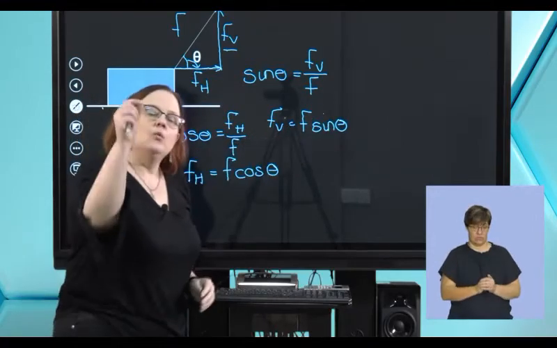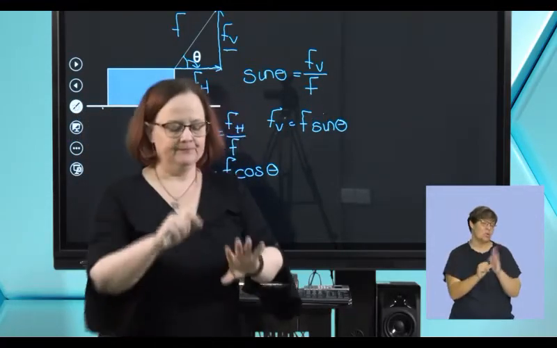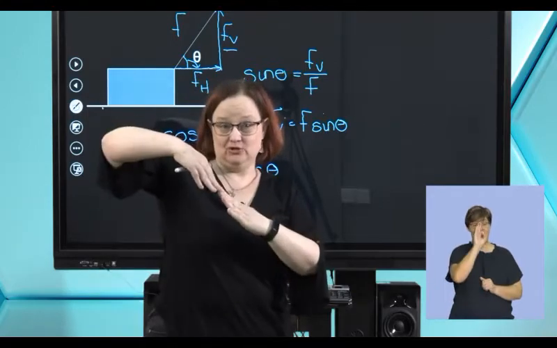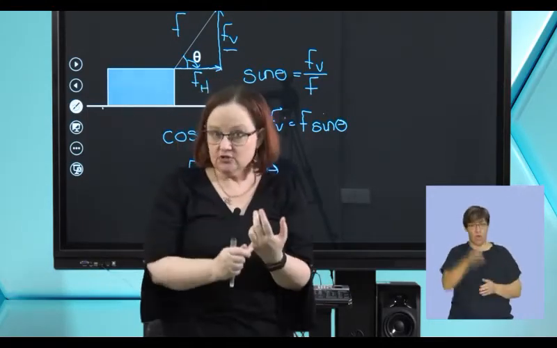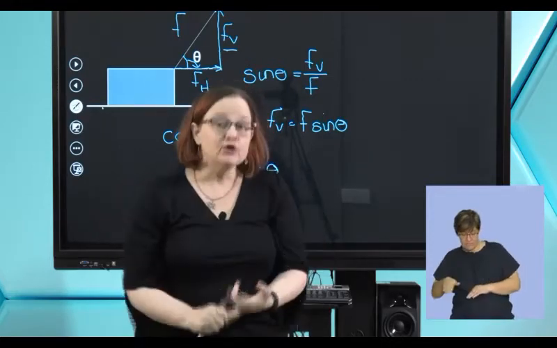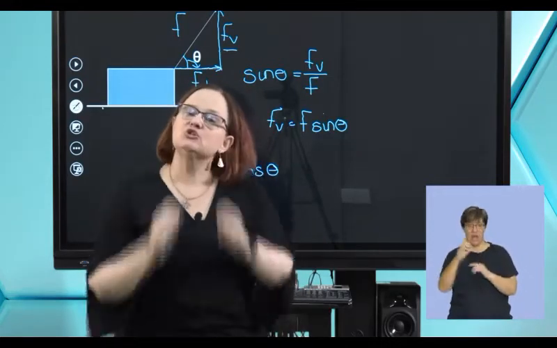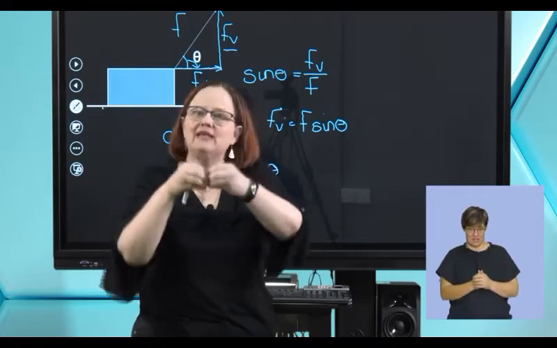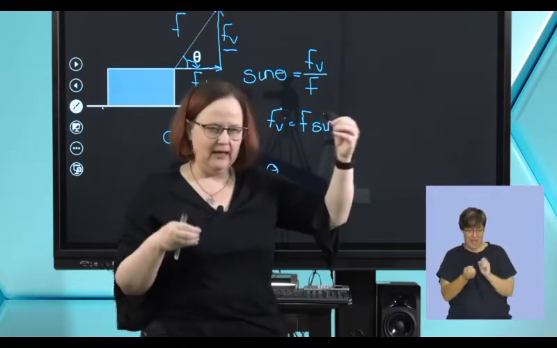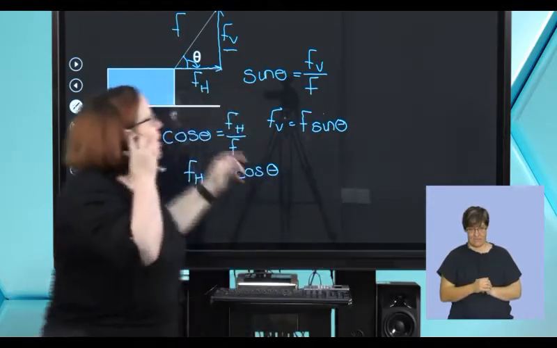What's important to remember here, F is the hypotenuse. That's the biggest value. Your horizontal component and your vertical component are smaller than F. They're parts of it. Together they give you F. Very, very important.